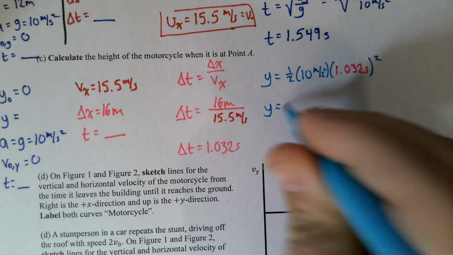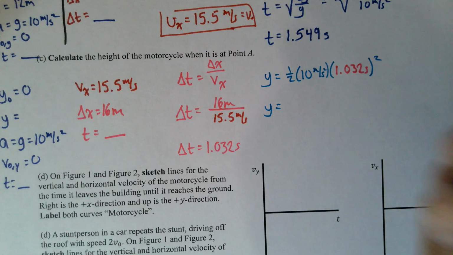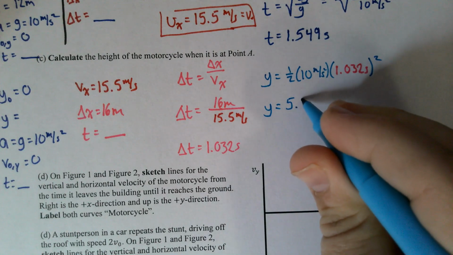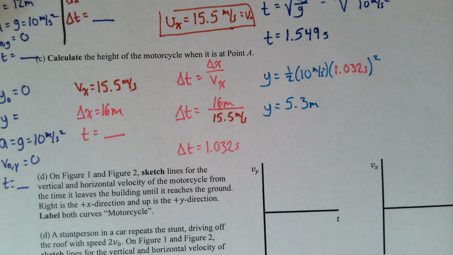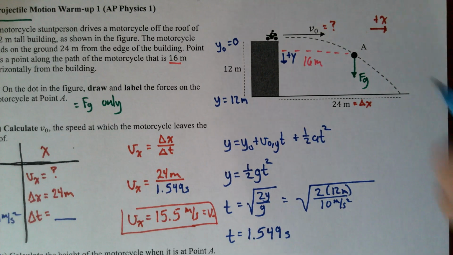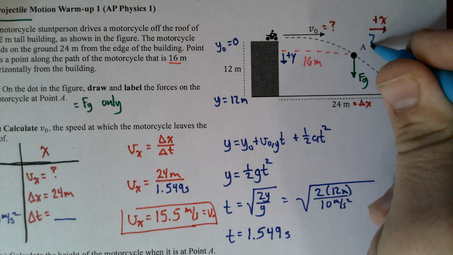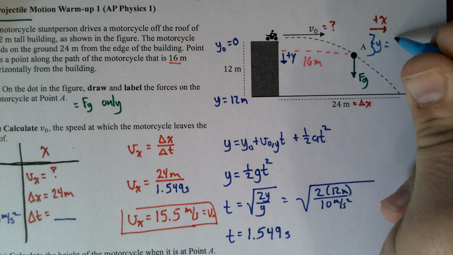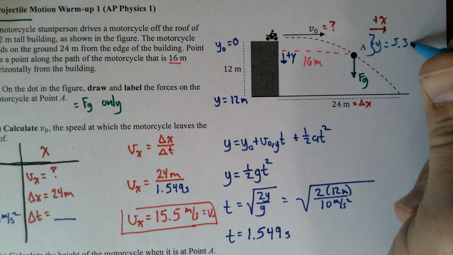So we get a y value of 5.3 meters. Okay, now that's not my answer though. This number right here is how far my motorcycle fell. So that's this distance from here to here. This is y equals 5.3 meters.